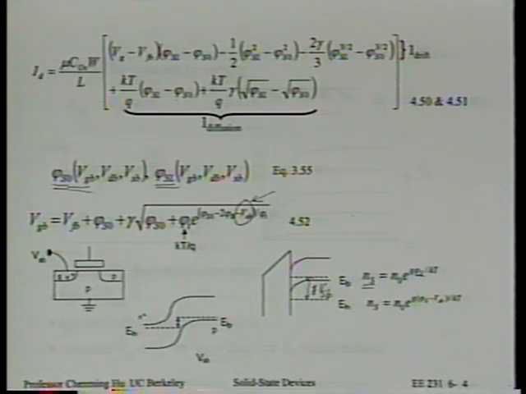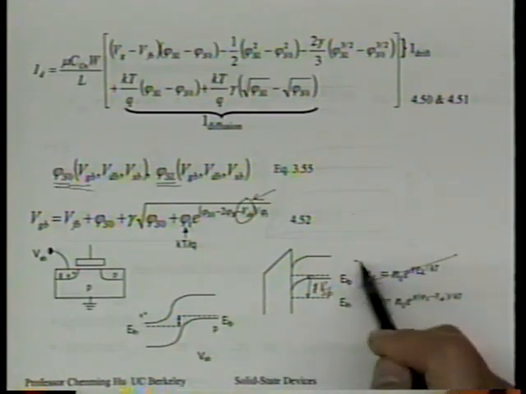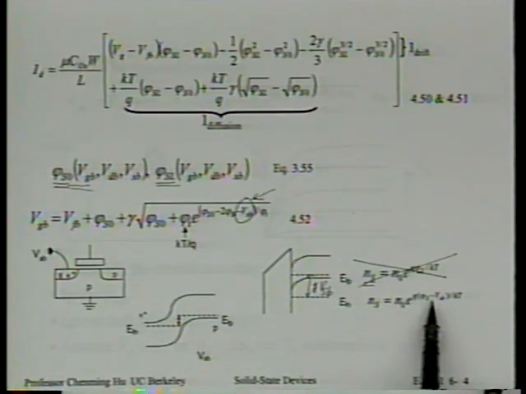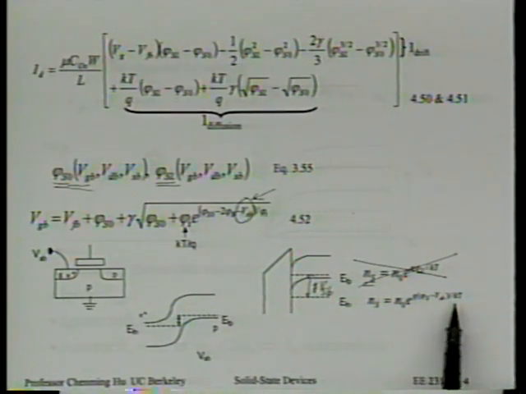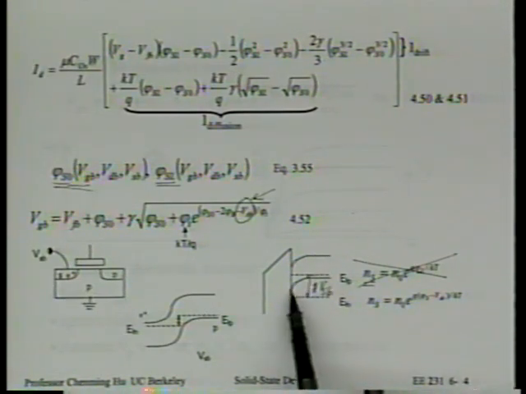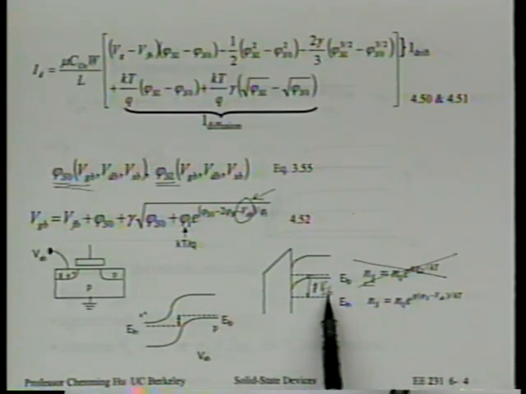All right? So clearly, what determines the phi s is not the first equation, but the second one. It's ns equal to n naught exponential q (phi s minus VSB) over kT. In other words, phi s has to be larger by VSB before it reaches a large value.